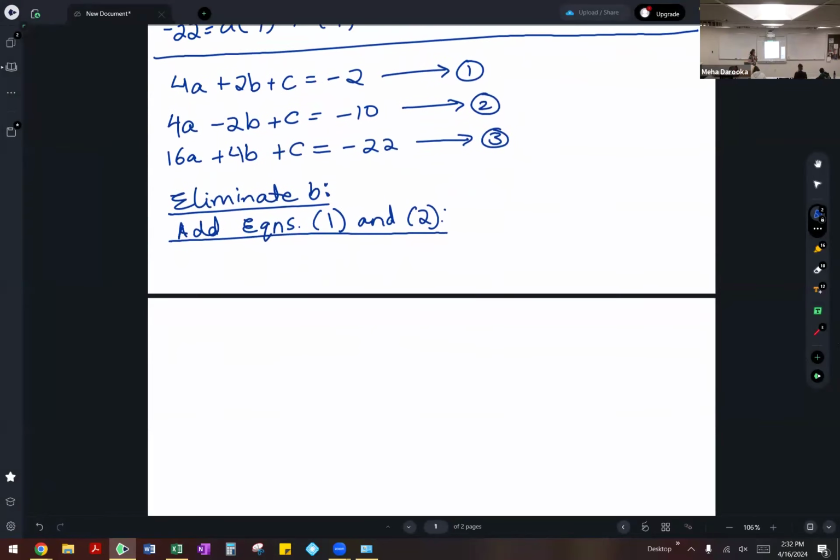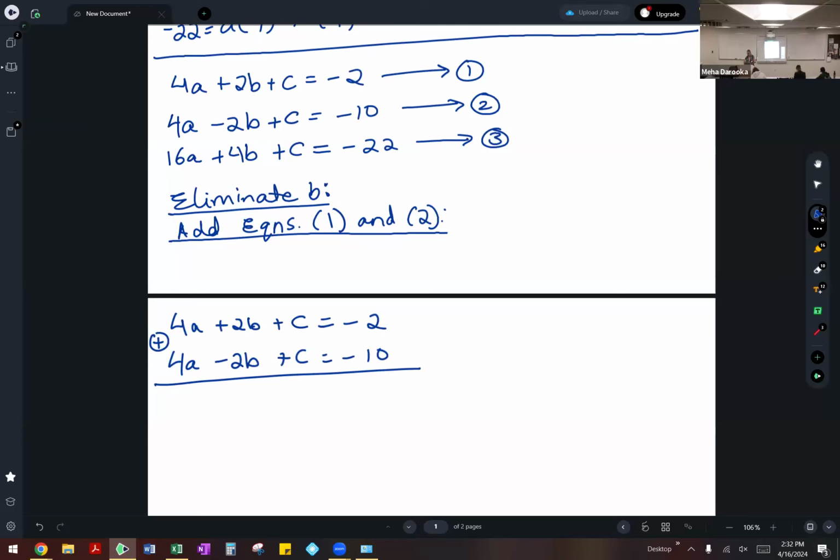Adding equation, can you see that? Yeah. Adding equations 1 and 2 will be, let's see, 4A plus 2B plus C equals negative 2, and then 4A minus 2B plus C equals negative 10. We're adding the two equations together.